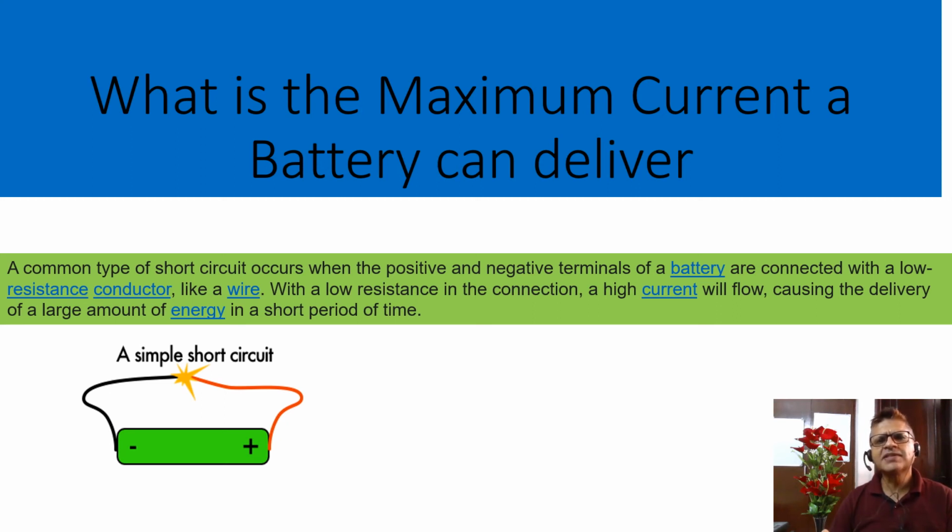It can deliver the maximum current when you short the battery with the help of a connecting wire on the right hand side or the two terminals and join the two wires with zero resistance. The only resistance is the internal resistance of the battery, and the current delivered is almost infinity.